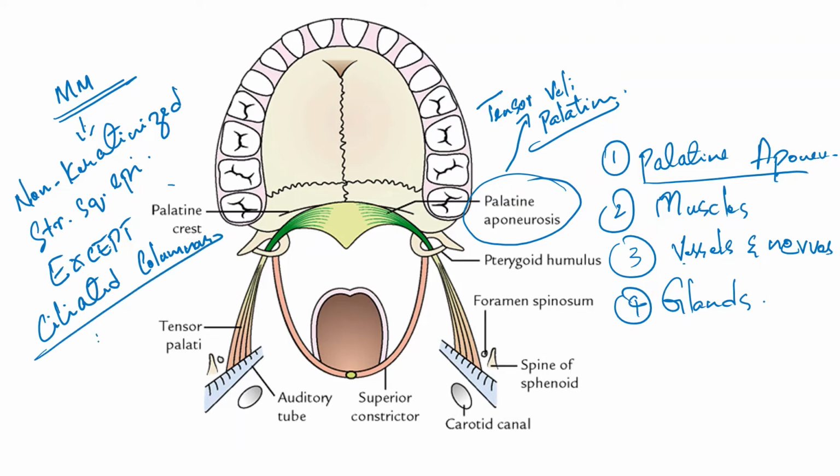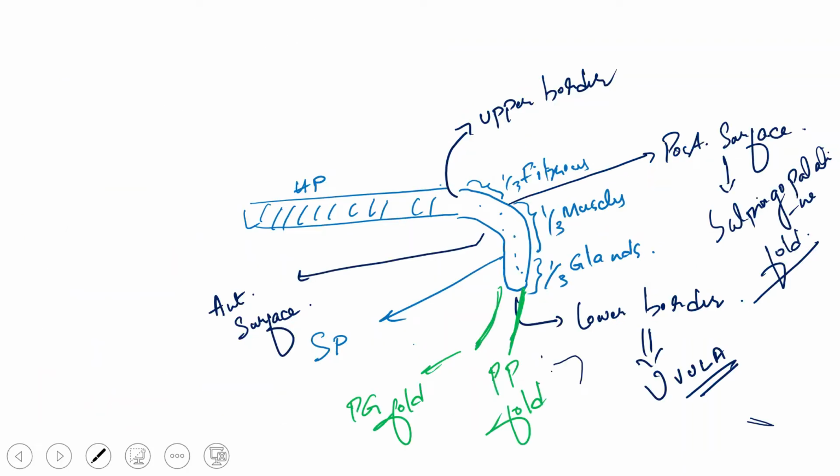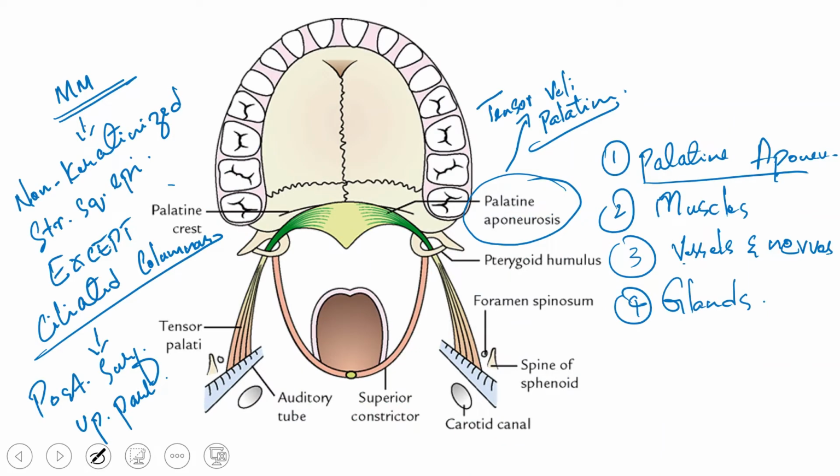So this is about the lining epithelium of the mucous membrane. The lining epithelium is completely non-keratinized stratified squamous, except the upper part of the posterior surface, which is lined by ciliated columnar.